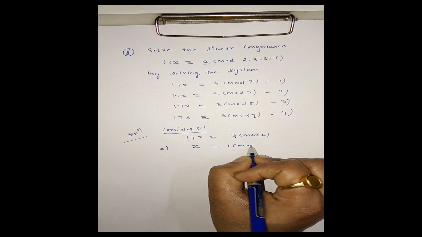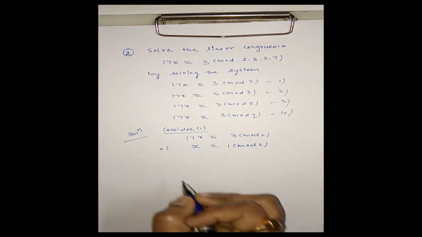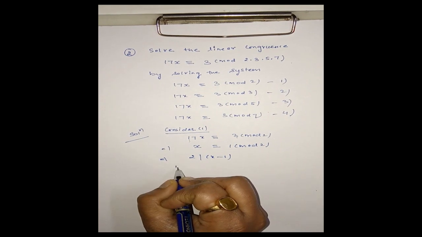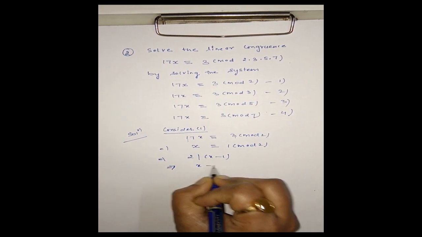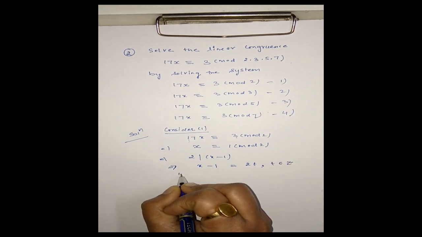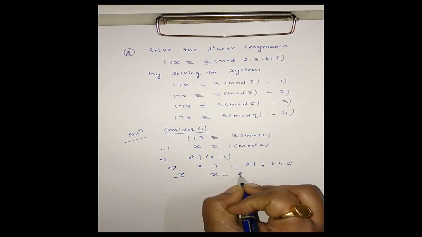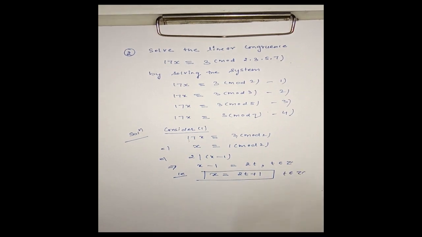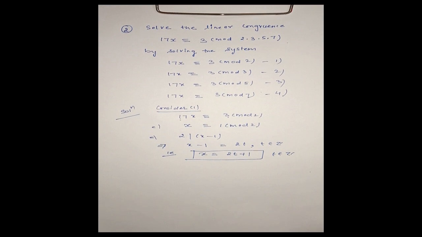This gives 2 divides x minus 1, so x minus 1 is equal to 2t for some integer t. That is, x is equal to 2t plus 1, t belonging to Z.